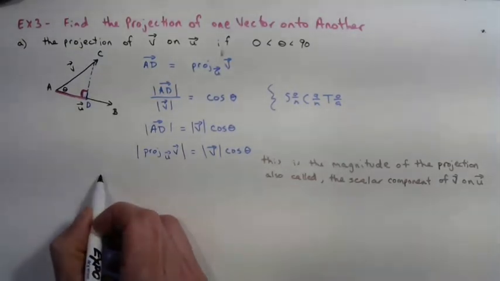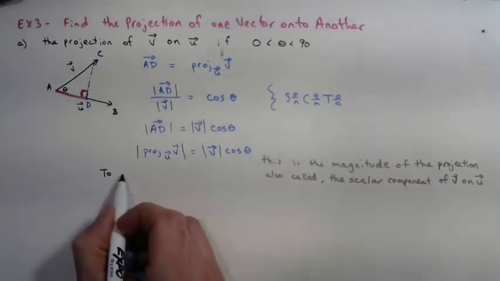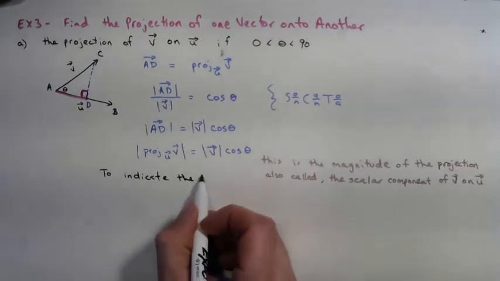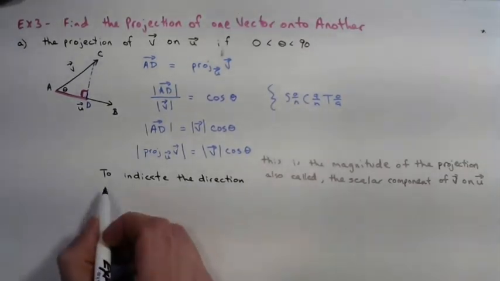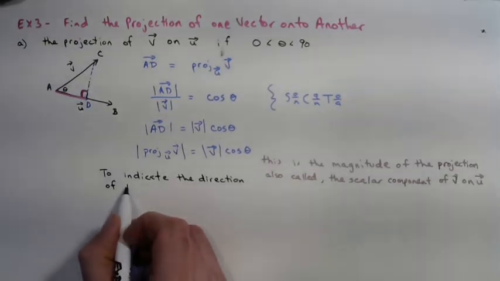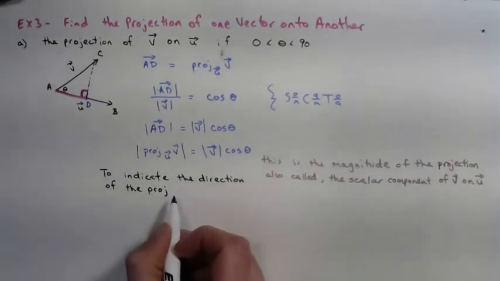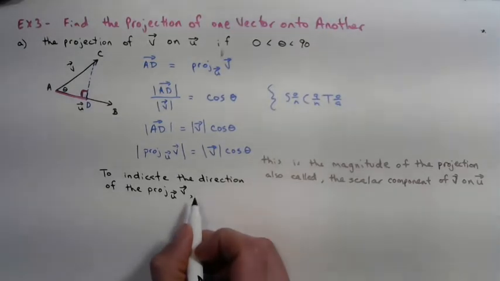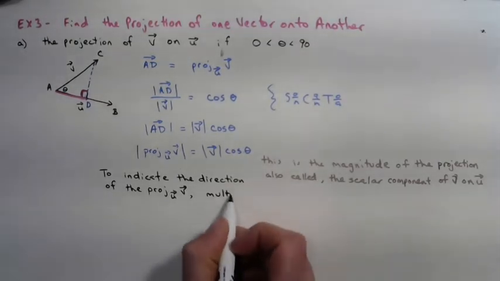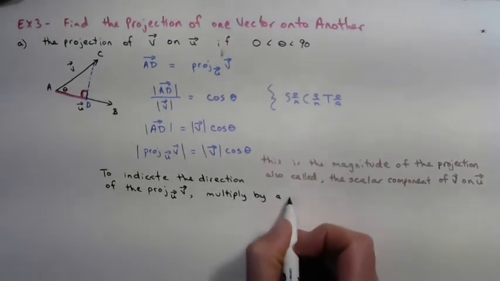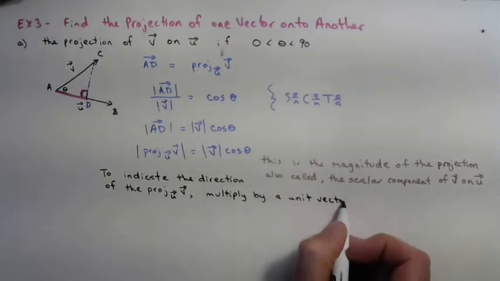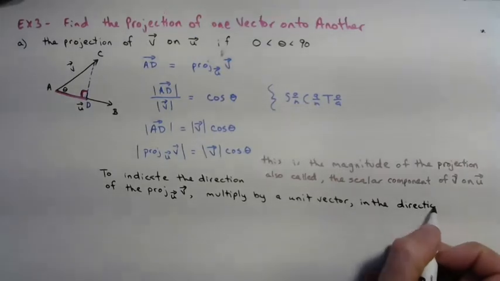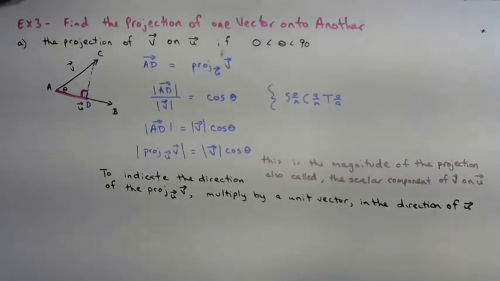So let's just say, to indicate the direction of the projection of V onto U, multiply by a unit vector in the direction of U. That makes sense.